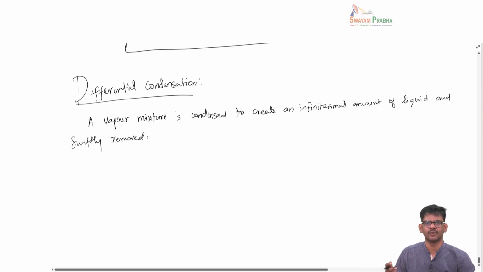Then you do this over and over, and you get a vapor which is always at dew point temperature, but the liquid condensate that you create would have an average composition.